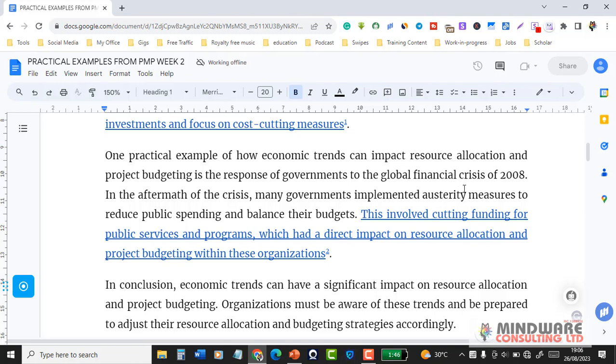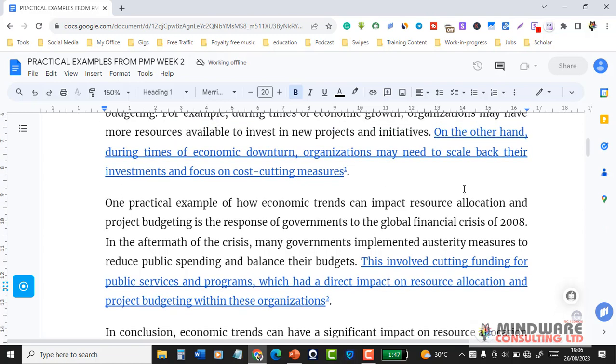This brought about cutting of funding for public services and programs, and this had a direct impact on resource allocation and project budgeting within government organizations. It underscores the impact that economic factors can have on our projects.